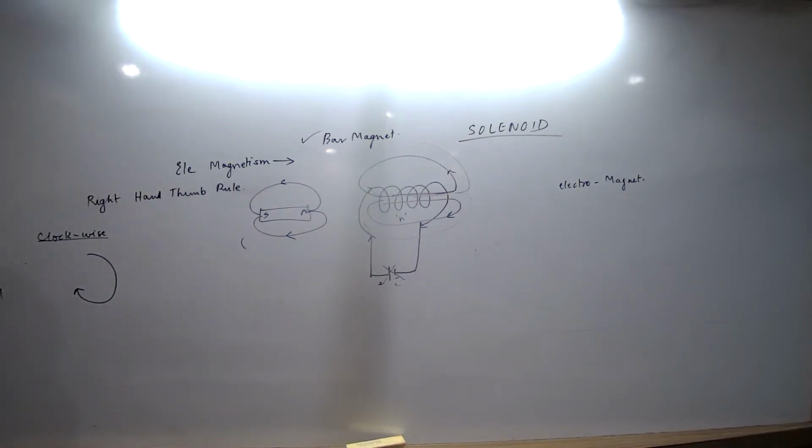Both of you read together: A coil of many circular turns of insulated copper wire wrapped closely in the shape of a cylinder is called a solenoid. Underline. What is a solenoid? So the first line itself gives you the description of a solenoid.